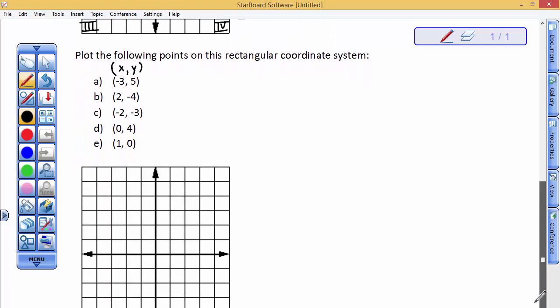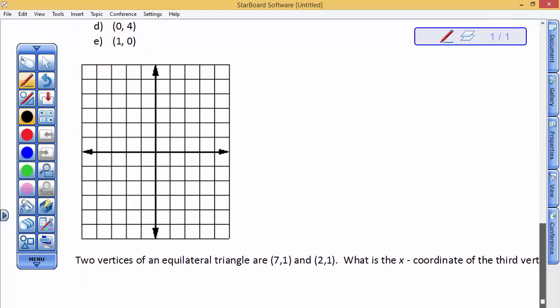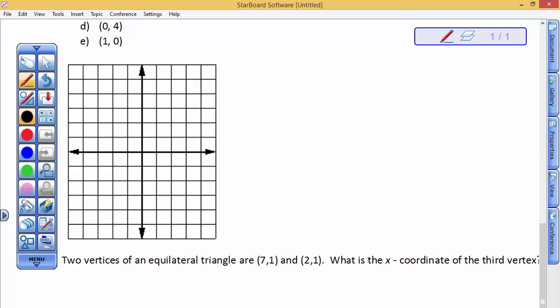I think I'm going to go ahead and do this problem, although I am going to run off the graph paper a little bit. It says here, these are two vertices of an equilateral triangle. What is the x-coordinate of the third vertex? So if I go to the right 7, 1, 2, 3, 4, 5, 6, 7, and up 1, it's a shame I didn't have my graph paper.